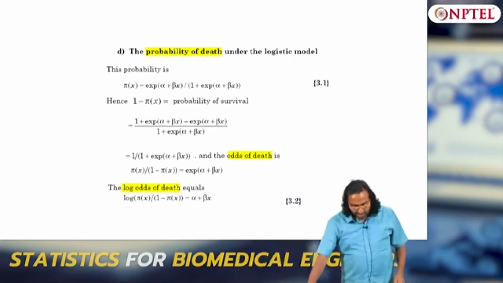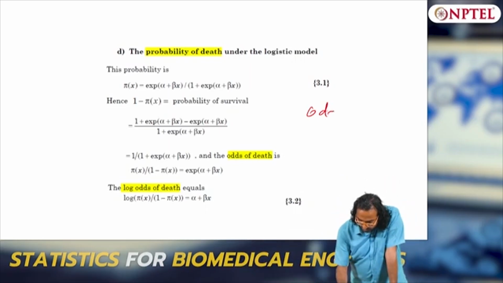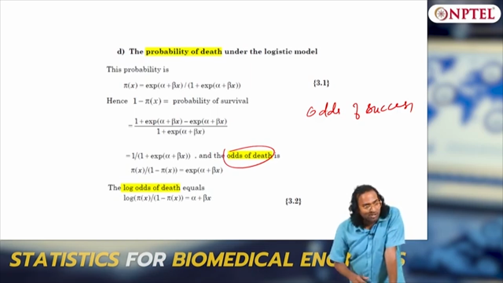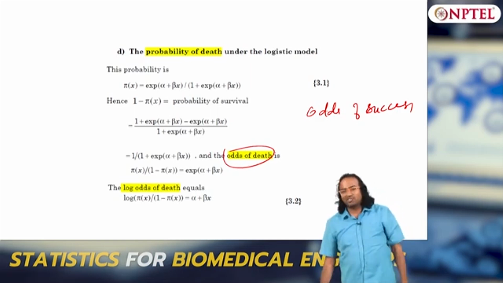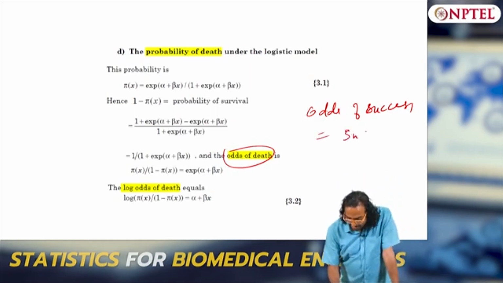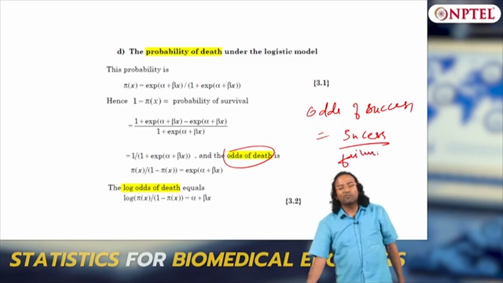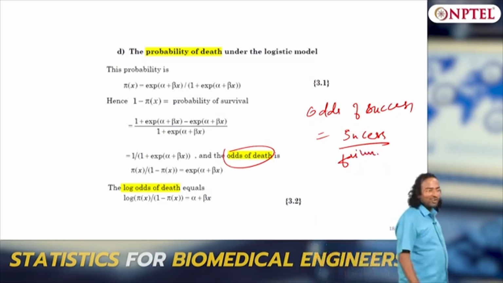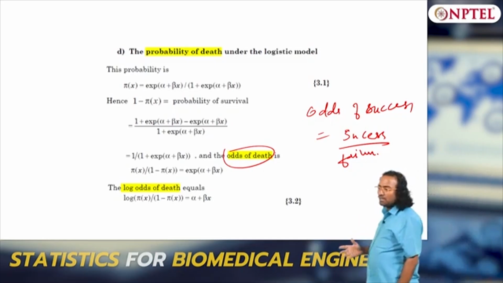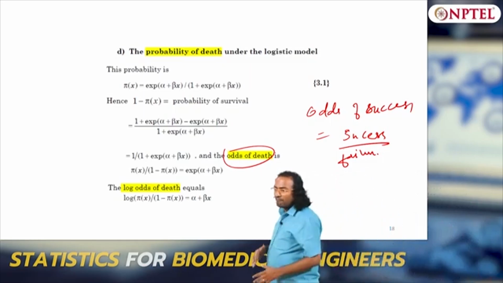So we take odds of success. In this particular example I have taken death to be a success, so I have odds of death, but odds of success typically equals success by failure. Odds of an event is nothing but the ratio of success of an event to failure of an event.